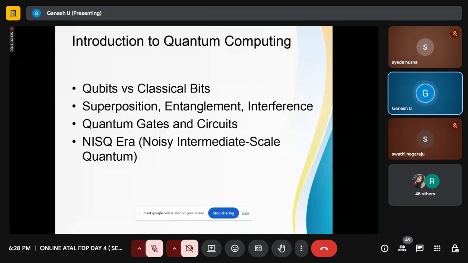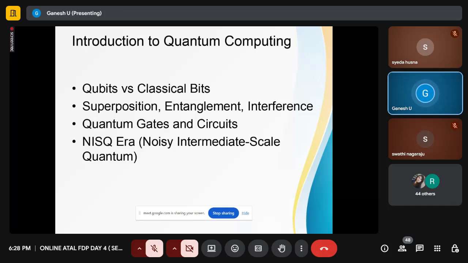Why? Because quantum computing is now at a very early stage. The research is going on, it has just started. Long back, computers were in a large room with large processors.